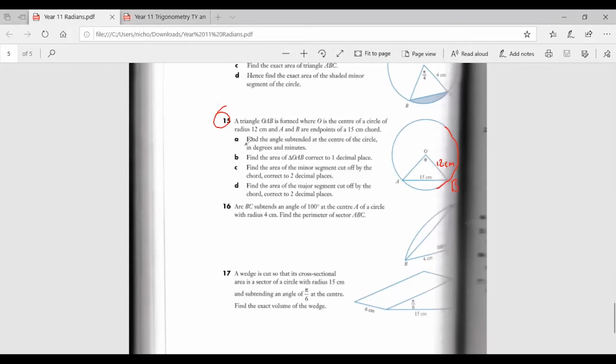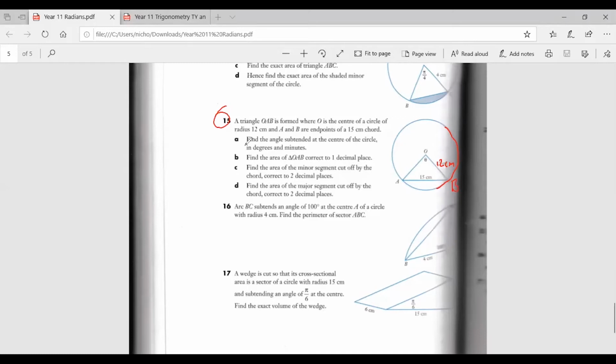Okay. All right. 180. 71 degrees 37 minutes.